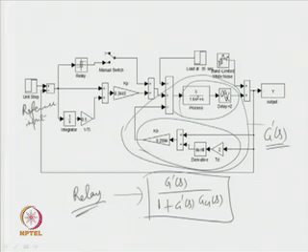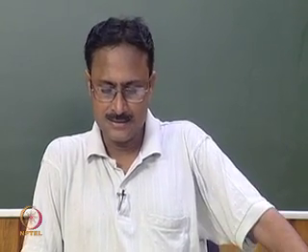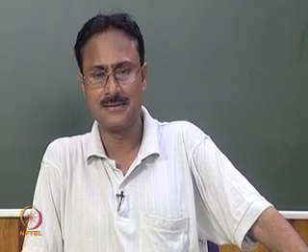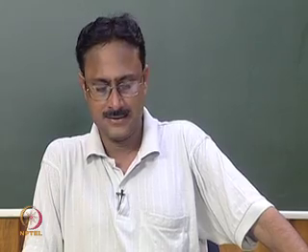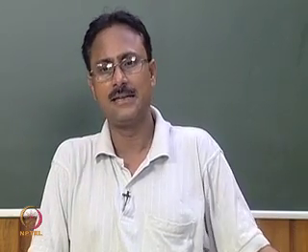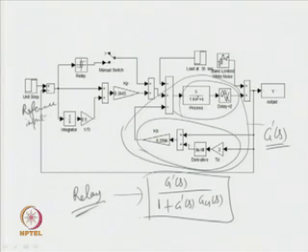So, when I substitute back the transfer functions of G(s), GC1(s) and GC2(s), then we get a closed loop transfer function, which is subjected to the relay test.